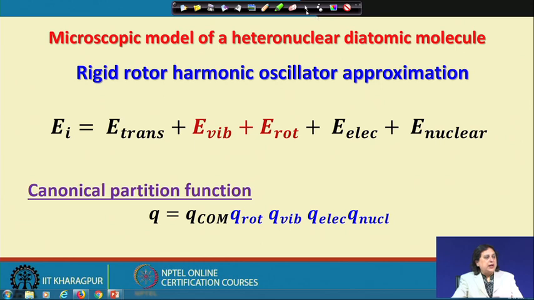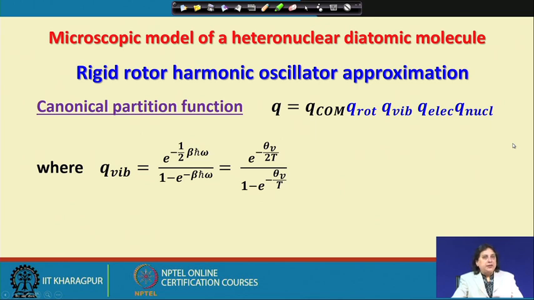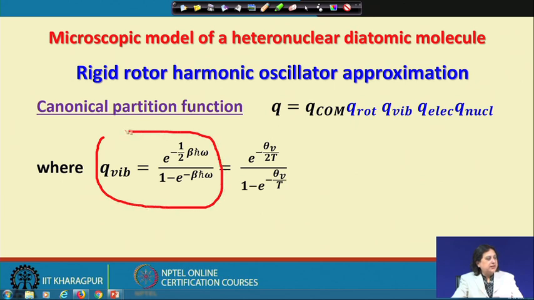So, let us have a look at what would be the analytical expressions of these two parts if I assume that the vibrational motion of this chemical bond is approximated by a simple harmonic oscillator with an intrinsic angular frequency omega, and therefore, I can very easily say that q vibe is given by an expression like this. Clear?